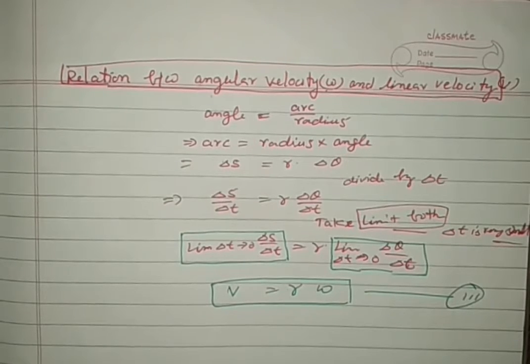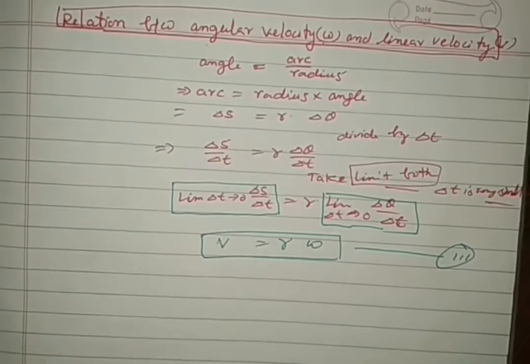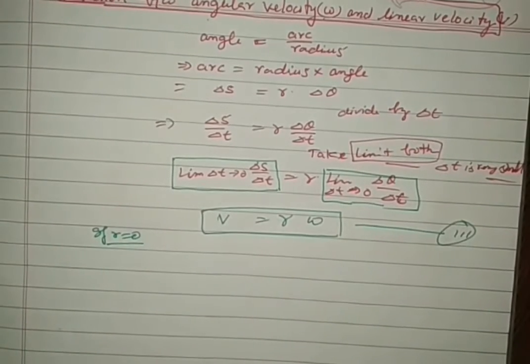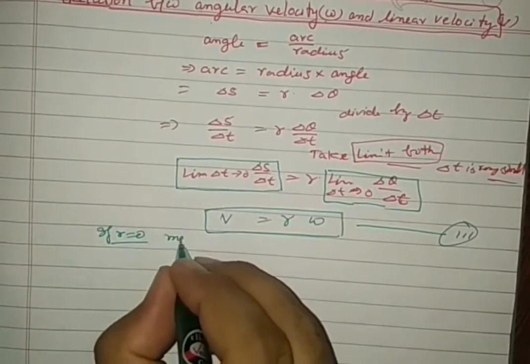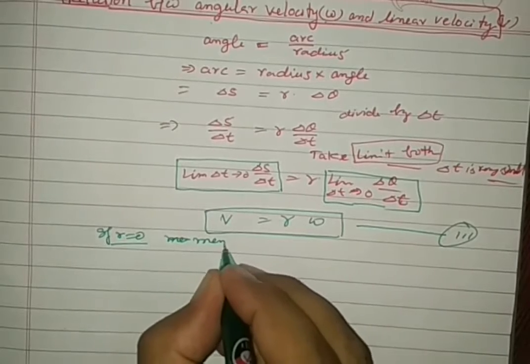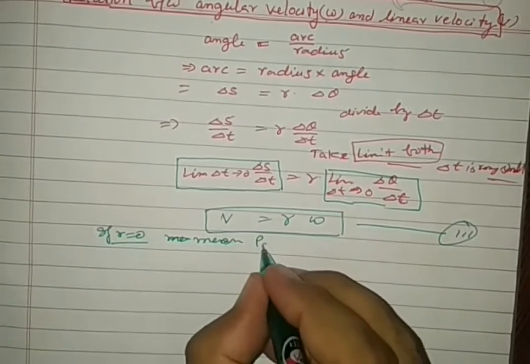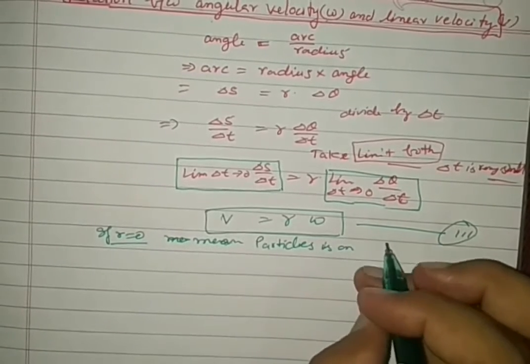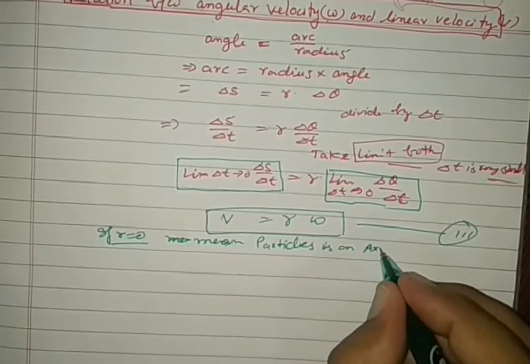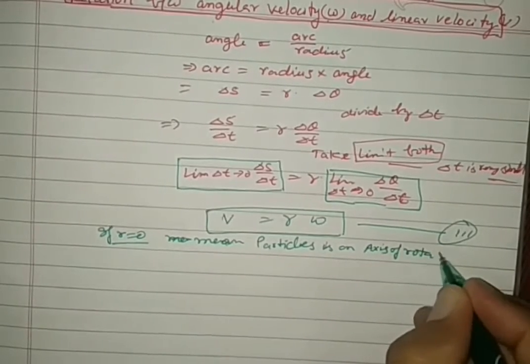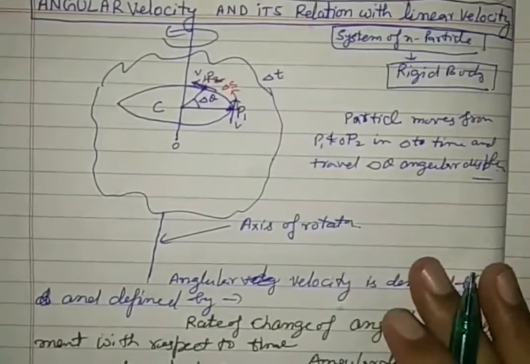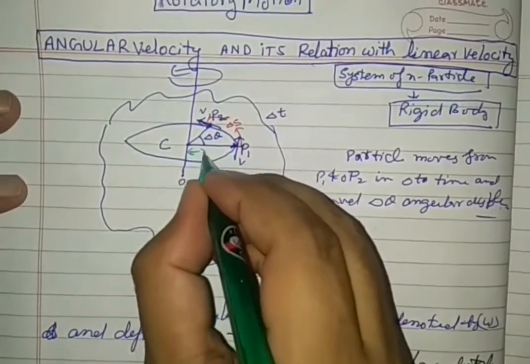So this is the relation, and on the basis of this relation we can say that for a particle, if r is equal to 0, it means the particle is on the axis of rotation. See in the diagram: this is r.